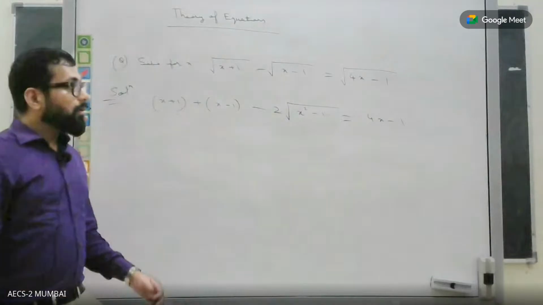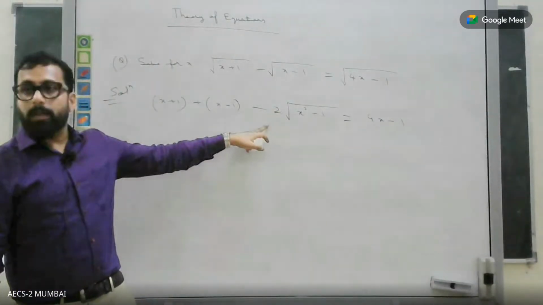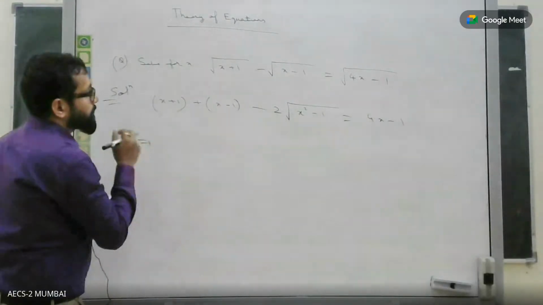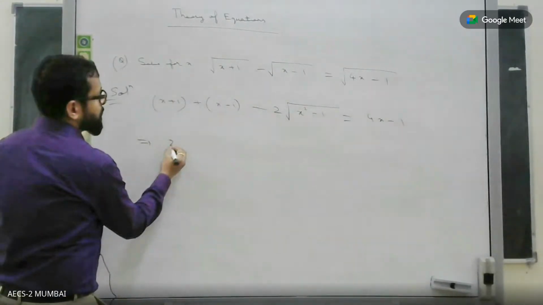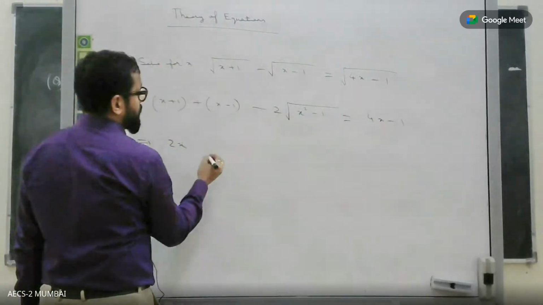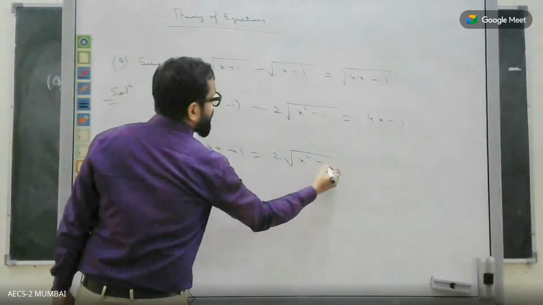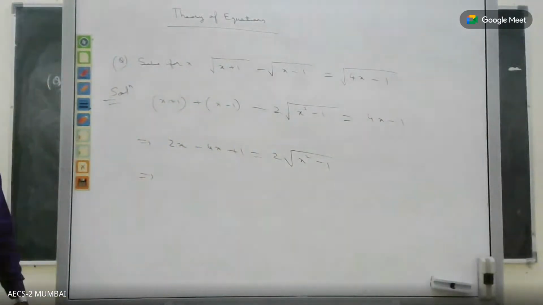It will be like this: a square plus b square minus 2ab is equal to this, correct? Right?